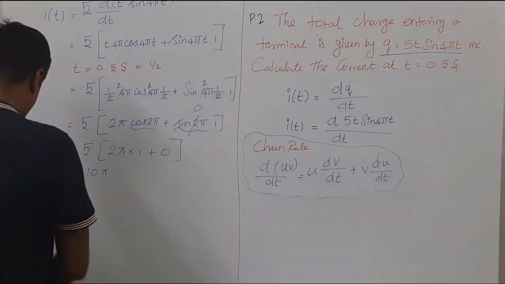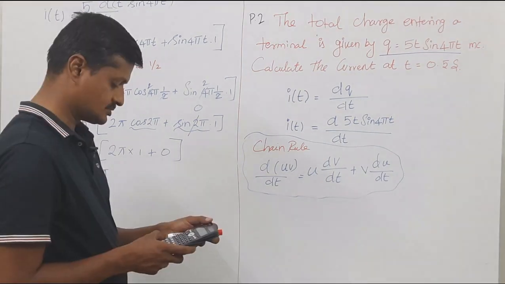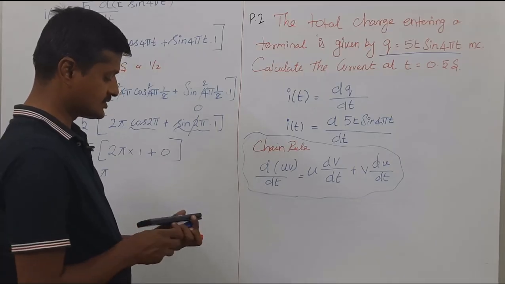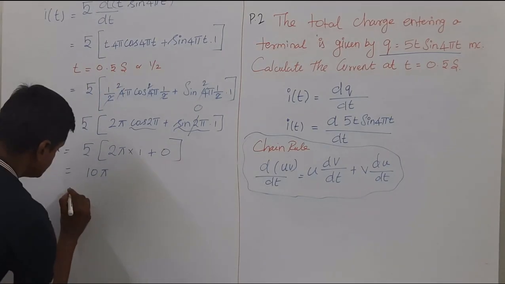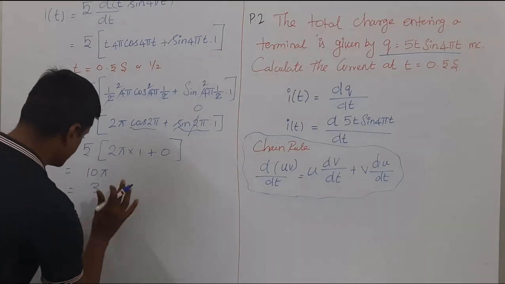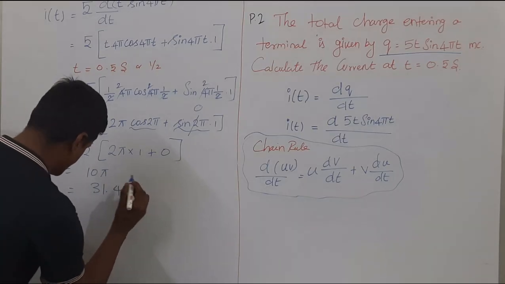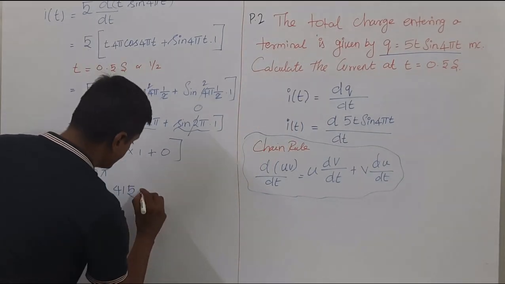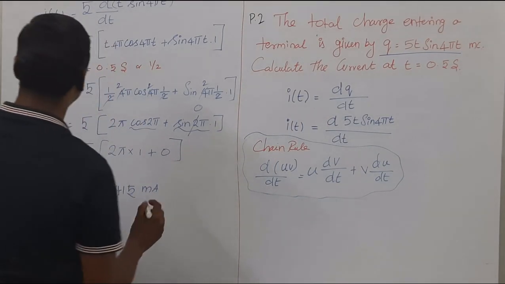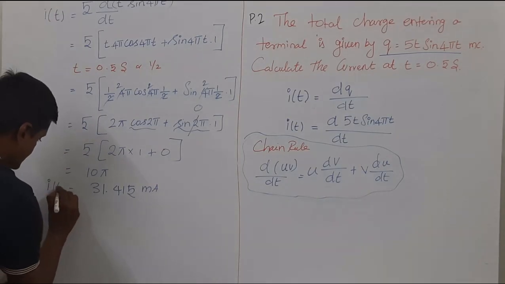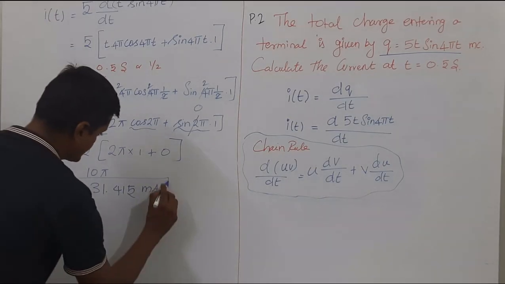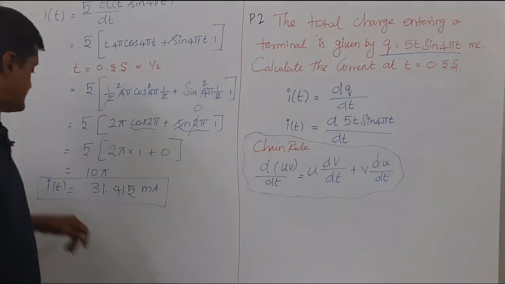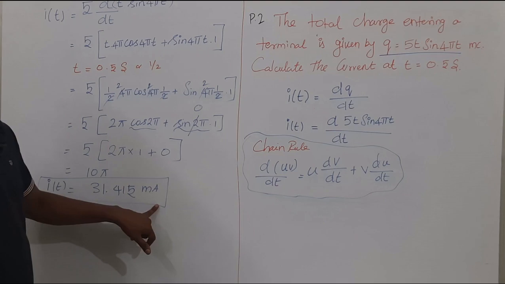So what is the value of 10 pi? Calculate this: 10 pi is equal to 31.415. What units do we need? Milliamps. So i of t is equal to 31.415 milliamps.